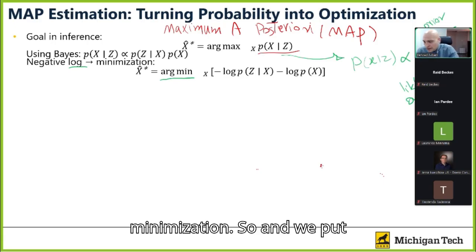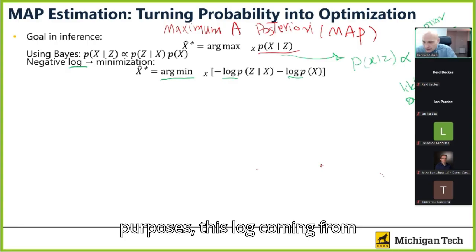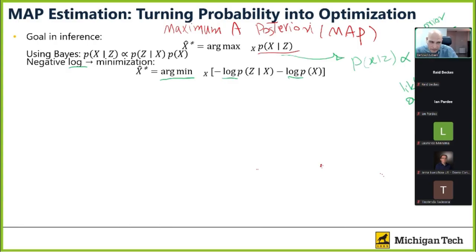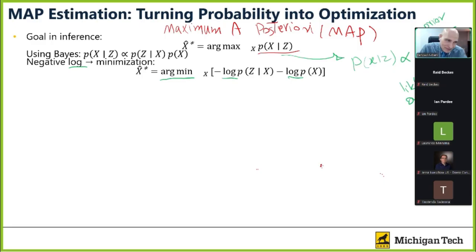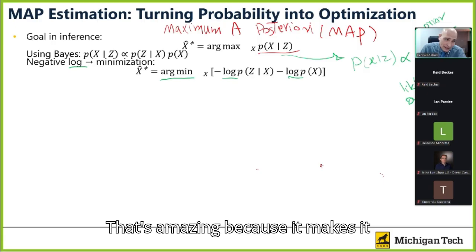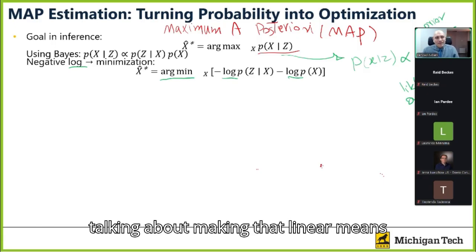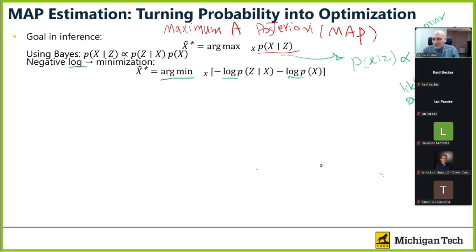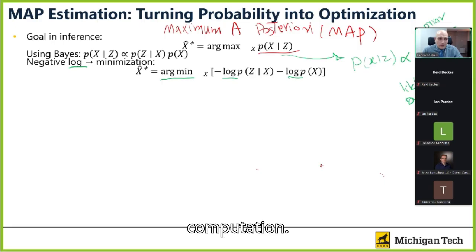We also put the log for another purpose. Another thing that happens is that the log of a product becomes a sum. That's amazing because it makes it linear, which means you can implement it with matrix computation.